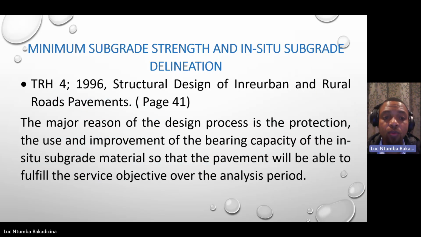So minimum subgrade strength and in situ delineation as per the TRH4 1996. The major reason of the design process is the protection, use and improvement of the bearing capacity of the in situ subgrade material, so that the pavement will be able to fulfill the service objective over the analysis period.